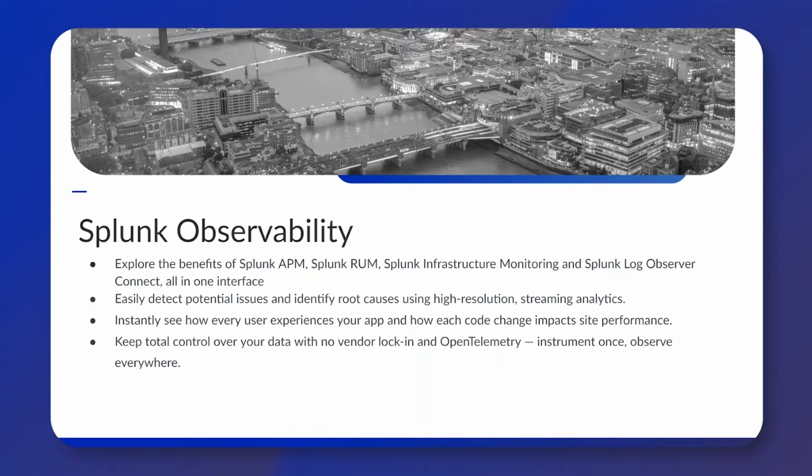It lets you instantly see how every user experiences your app and how each code change impacts performance, and allows you to keep total control over your data with no lock-in due to the Open Telemetry Collector. Splunk have their own fork of the Open Telemetry Collector, which they support. They also support on a best efforts endeavor of the native Open Telemetry Collector.